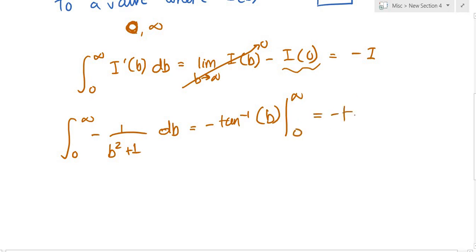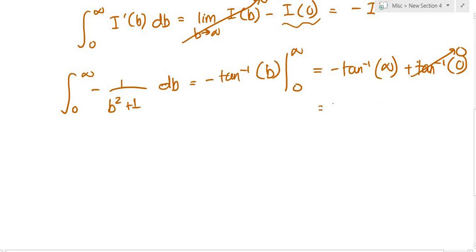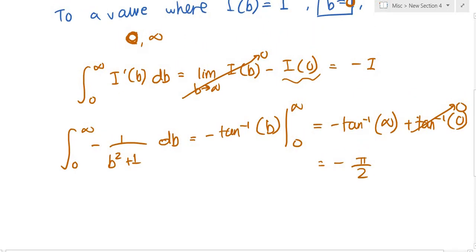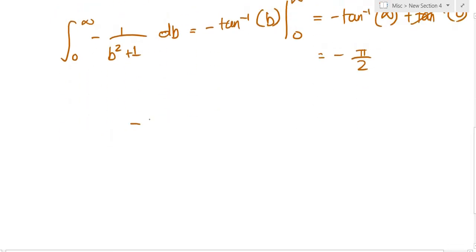So we have the inverse tangent of infinity minus inverse tangent of 0. This is 0. The inverse tangent of infinity is pi over 2. So we have negative pi over 2 because of the negative before it. But what is the integral from 0 to infinity of I prime of b db equal to? Negative I, right? So negative I is equal to negative pi over 2. Cancel the negatives, and we have I being equal to pi over 2.